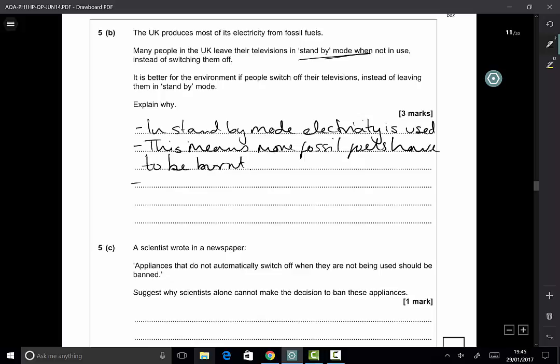Burning fossil fuels releases CO2. And why is that a problem? CO2 causes climate change.